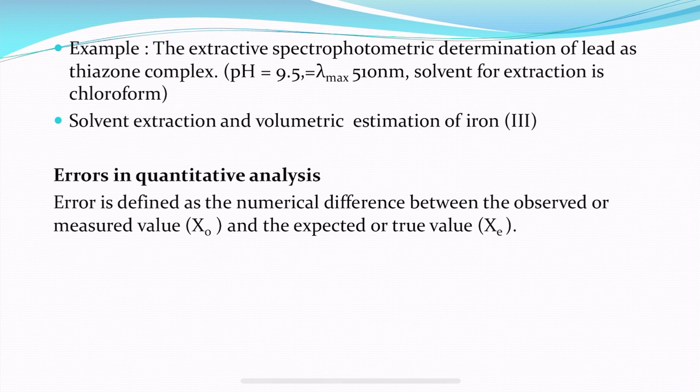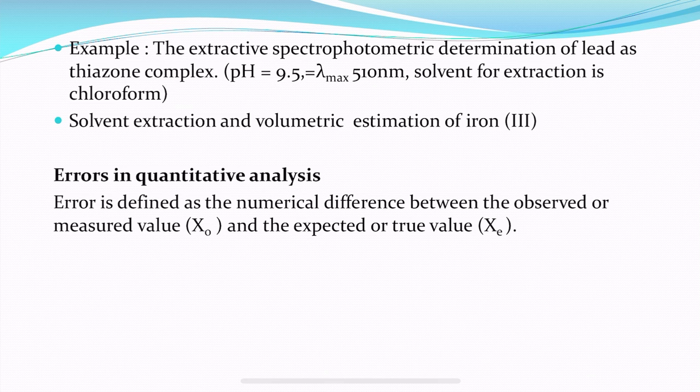Okay. And the next topic of interest is errors in quantitative analysis. As we all know, we are human beings, and definitely while performing experiments we will make certain mistakes. Errors might be classified as determinate errors or indeterminate errors, or due to environmental factors, or methodic error, or operative error.